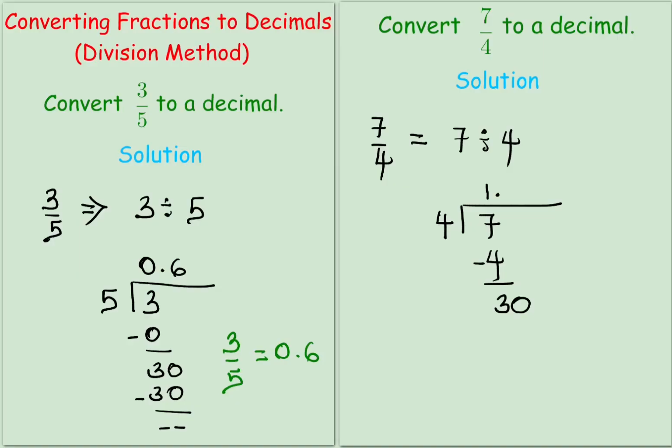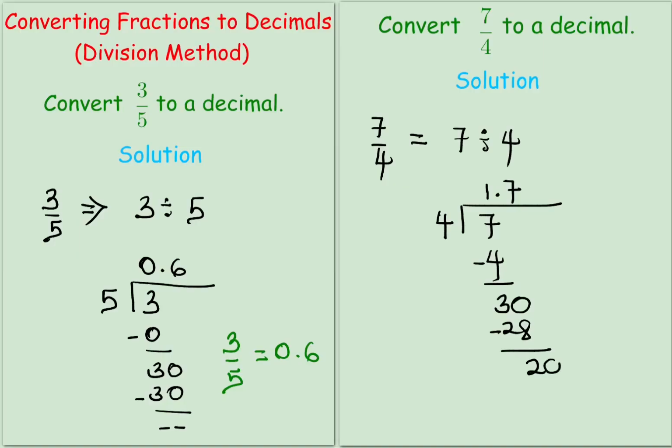4 divides 30 how many times? That is a 7. And 4 times 7 gives us 28. You do your subtraction once again, and then you have a remainder of 2. With our remainder of 2, since there is no other digit here, this decimal point we have added once and for all allows us to add 0 to any remainder that we have.